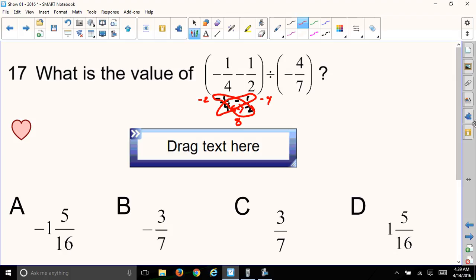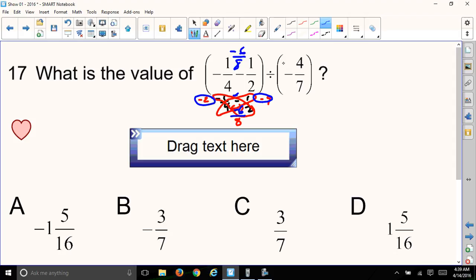And now I'm going to combine the top numbers. I have a negative 2 and I have a negative 4. I'm going to combine that together to give me a negative 6. So I got, in this parenthesis, I got really negative 6/8.